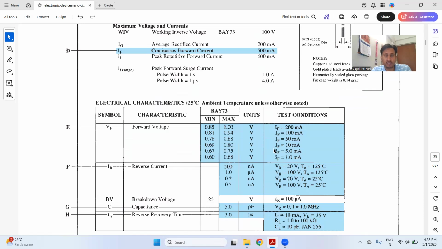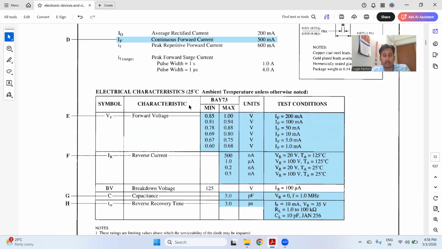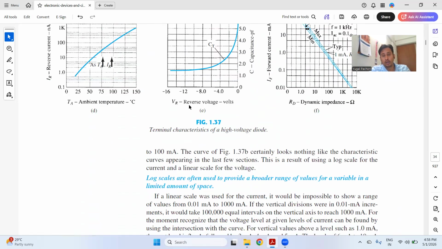All these parameters I have discussed, and these values are the minimum value, maximum value, and unit: volt, microampere, nanoampere, picofarad, microsecond. Then you have the practical conditions, the test values, the practical values. All these things come under the data sheet, including at what temperature these characteristics are observed or obtained. So you have to consider all these things.